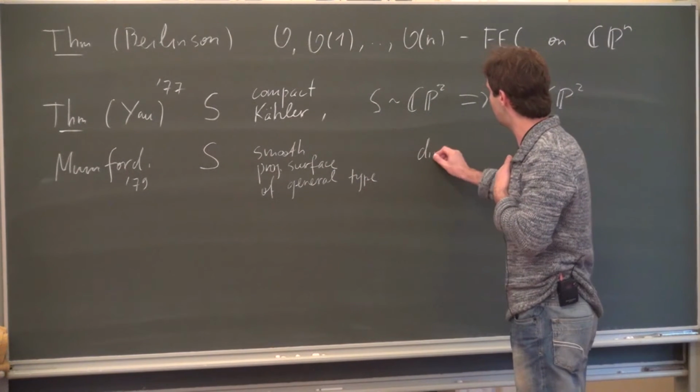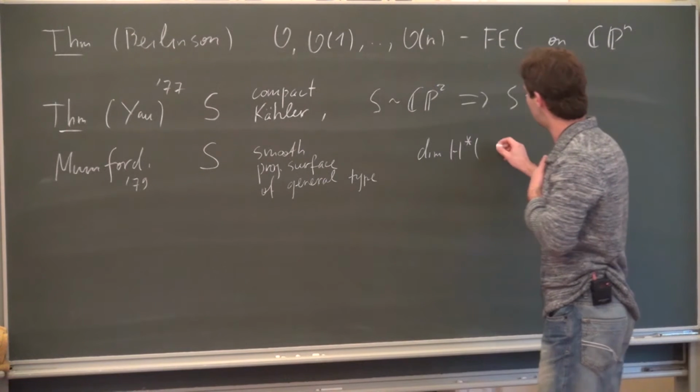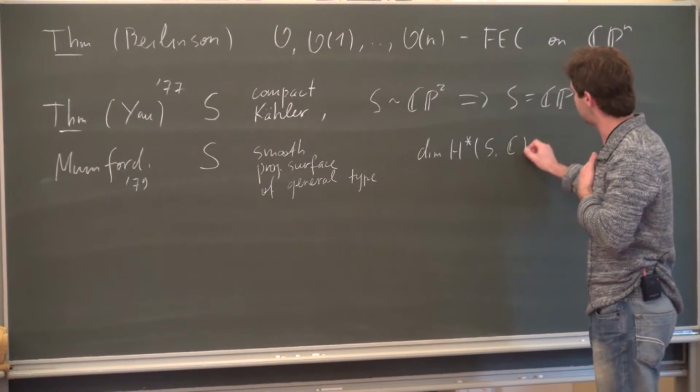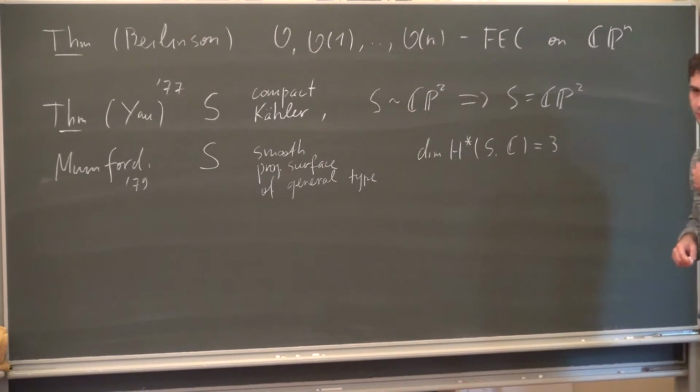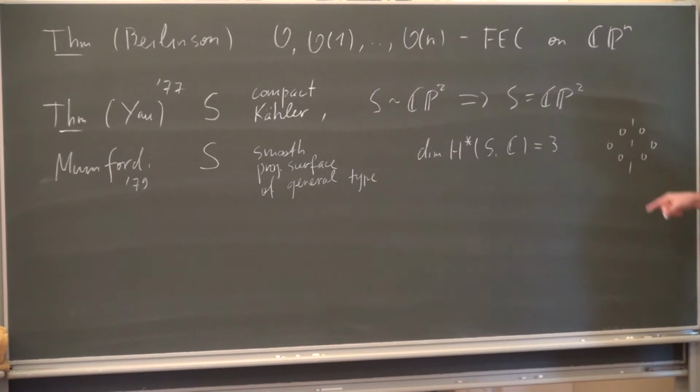So the dimension of cohomology of S is 3. Of course, if this is the case, then the Hodge diamond looks like 1, 1, 1, 0, 0, 0, 0, 0, 0. These threes are always there.